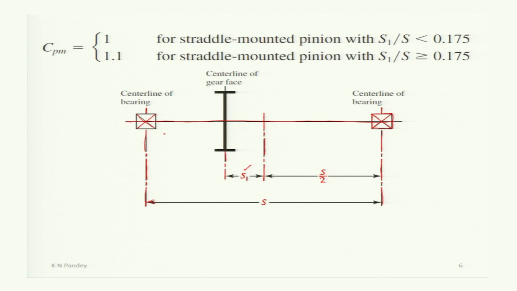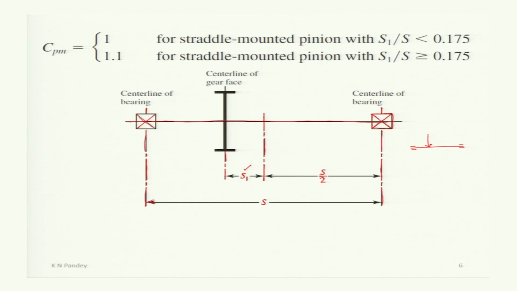So, it may be thought that this is simply a case of a simply supported beam. The bearings are in such a way that the shaft is just like a simply supported beam and a load is applied in the radial direction depending on what type of gear it is. For the case of spur gear, there will be a radial force.